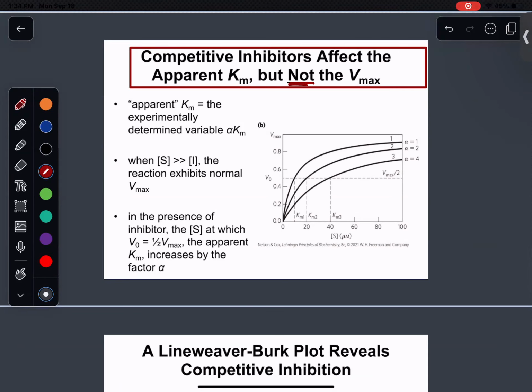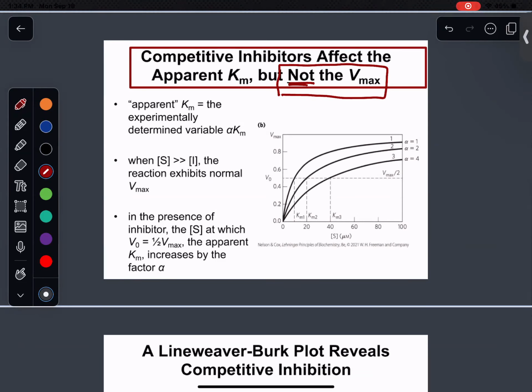So competitive inhibitors are not necessarily going to affect the Vmax. Let's focus on the Vmax part, right? The Vmax is talking about the highest rate of product formation that we can get.